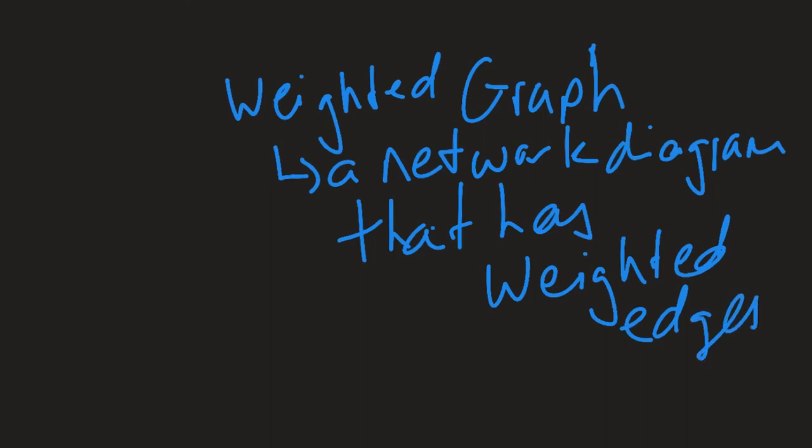Weighted edges can be things like cost, the distance between two places, time, internet connection speed. There's all sorts of different weights you can have. So that would be a quick definition of it.